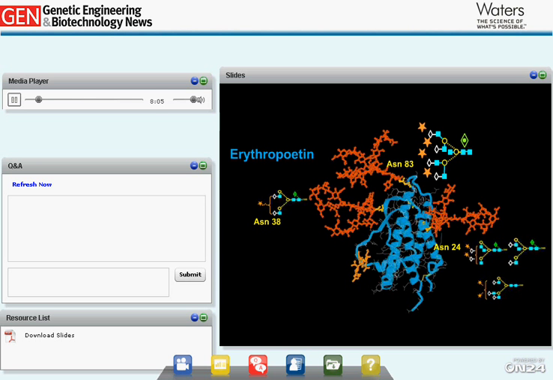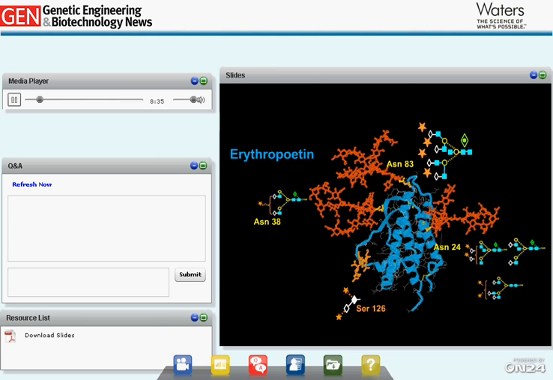And if you look at each site here on erythropoietin, you can see that even the type of glycosylation at each site is different because the three-dimensional structure modulates the processing of the glycans at each site. And glycans can be also affected by the environment. So in a bioprocessing situation, they can be affected by the conditions within the reactor.